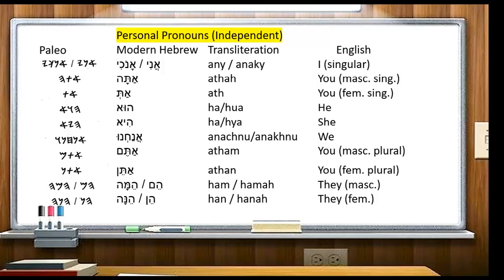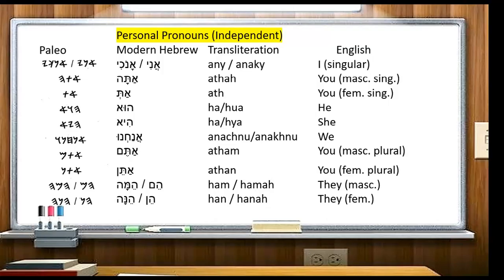So I have deliberately placed on some of these whiteboard slides both the Paleo or middle script and the modern script of the language, so that you're able to see what the Paleo letters correlate to in the modern square script.